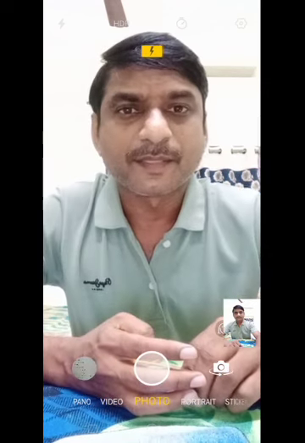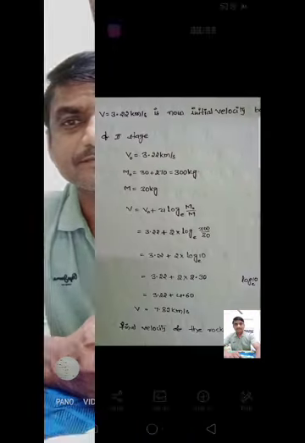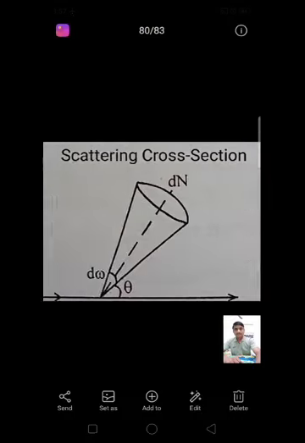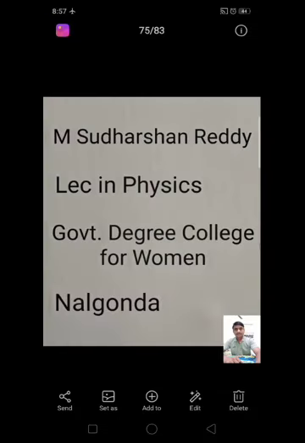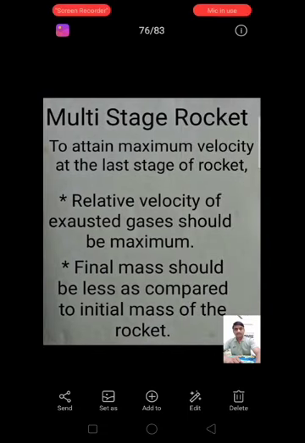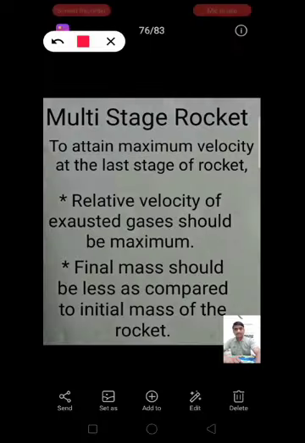So now I am going to show the multi-stage rocket diagram on the screen. First, to attain maximum velocity at the last stage of the rocket, we need to follow these two conditions, these two rules.